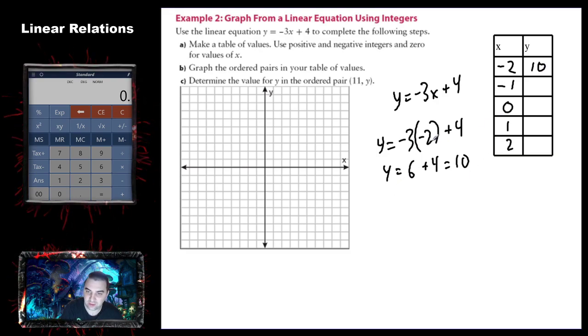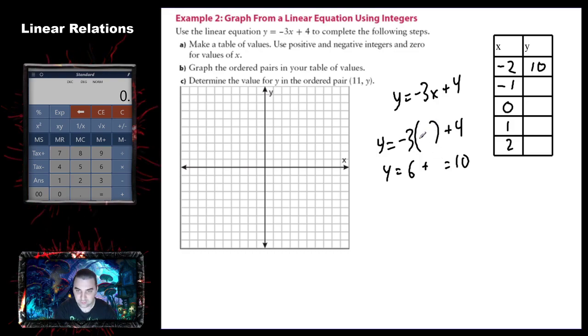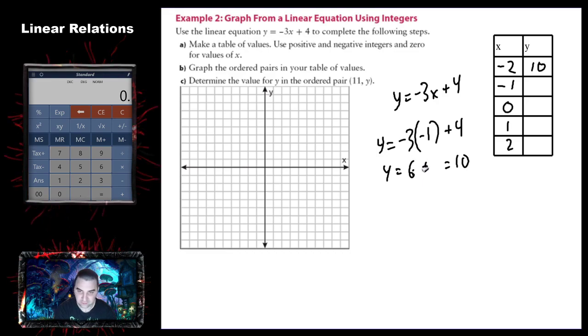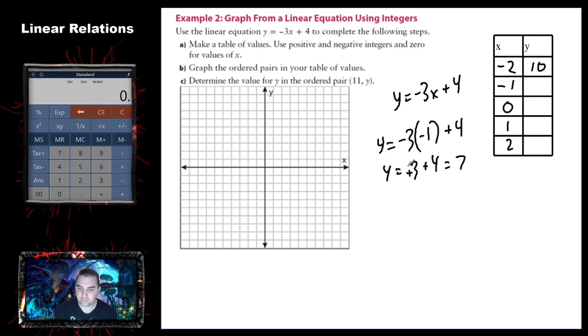Now I can try it with a -1. So I've got a -1 here. So -3, whoops, I erased the wrong thing here. So -3 times -1 is actually positive 3, sorry. And then positive 3 plus 4 is 7.